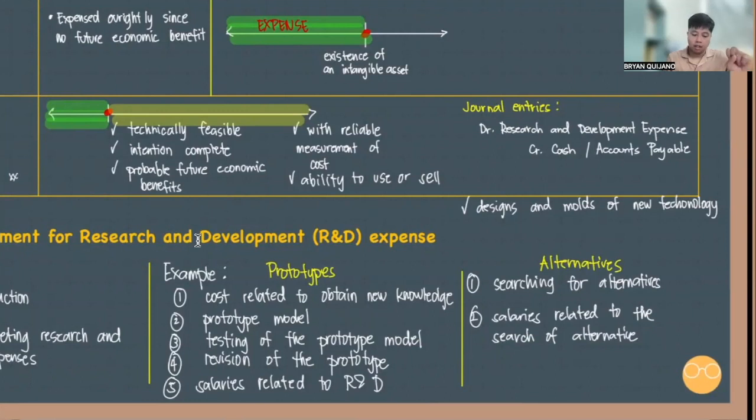For the prototypes, the example for this one is the costs related to obtaining new knowledge, then modeling prototypes, testing the prototypes, revising the design or the system of the prototypes, and the salaries or professional fees incurred that are directly related to the R&D, all of those will be recorded as part of research and development expense.